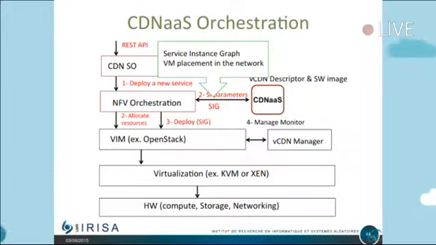The network orchestrator takes this requirement and sends it to what we call the CDN as a service, which contains the descriptor of the software image, meaning the software including Squid and so on. The CDN as a service could also implement some optimization algorithm to do the VM placement, for instance improving the user quality of service or reducing the energy consumption, in order to address several objectives.